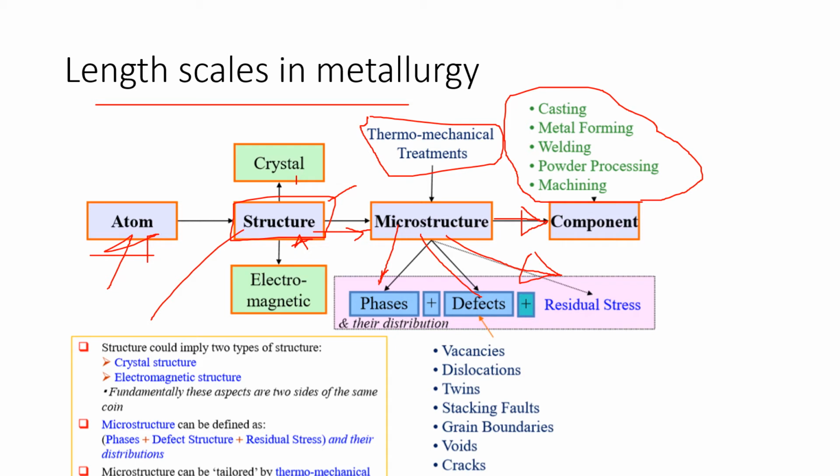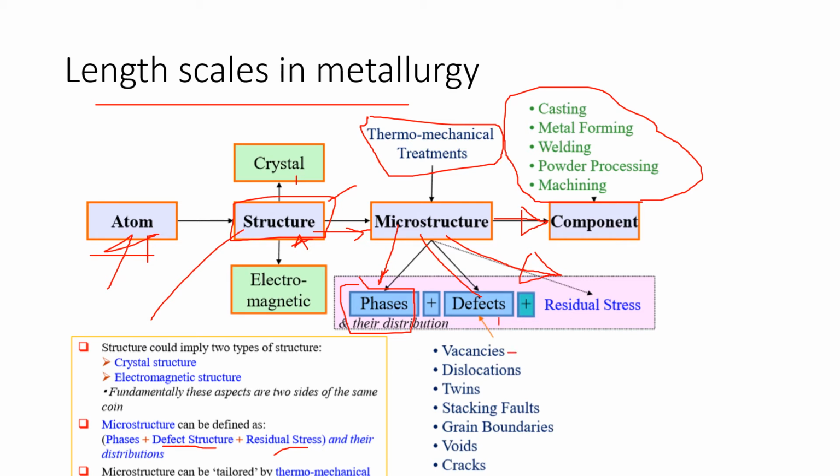Microstructure can be defined as phase, defect structure, residual stresses, and the defects. In the phases, we usually study binary phase or single phase, and what could be the possible defects?